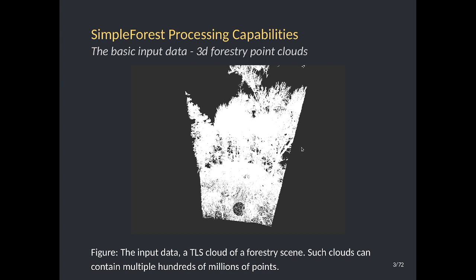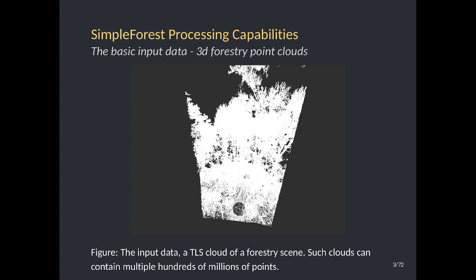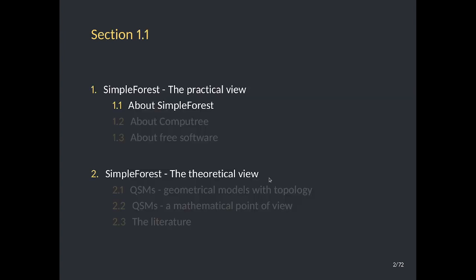So SimpleForest takes as input 3D point clouds of forest sceneries. Here we see a high resolution 3D point cloud, and if we reduce the point cloud density, we can see a little bit better the structure of the single branches and stems.